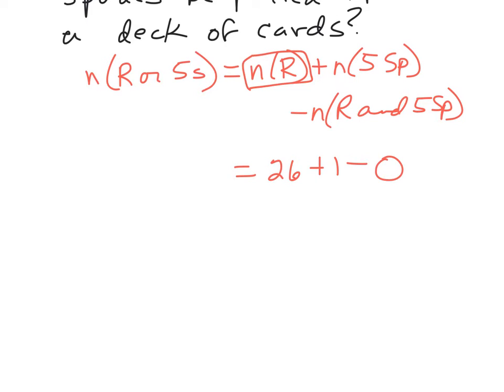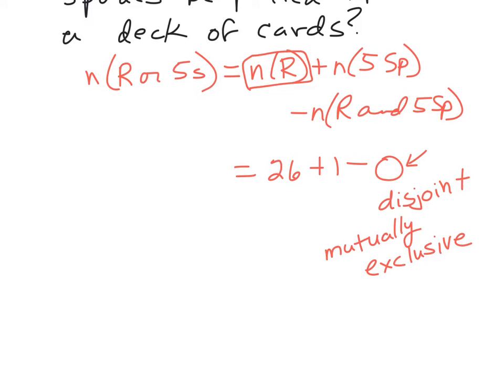Class, whenever you get a 0 back here, that means that the 2 events that we're discussing are called disjoint, or sometimes you hear the phrase mutually exclusive. What that means is you have 2 events that can't occur at the same time. I can't be both red and 5 of spades.